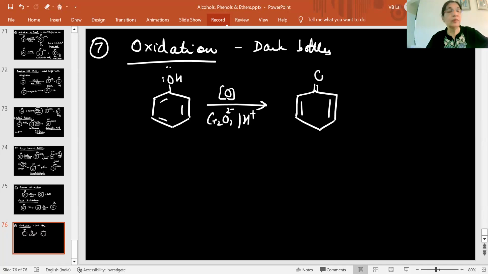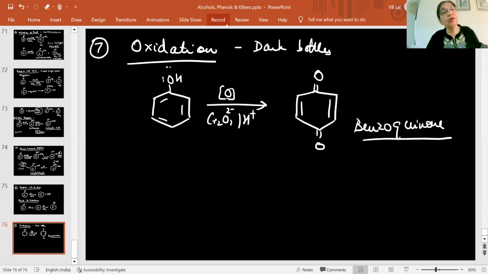This is called benzoquinone. Benzoquinone is pink in color. So if it is partially oxidized also, phenol appears to be pink in color. I told you what is the physical state of phenol. Phenol is crystals which melt at just 42 degrees Celsius.